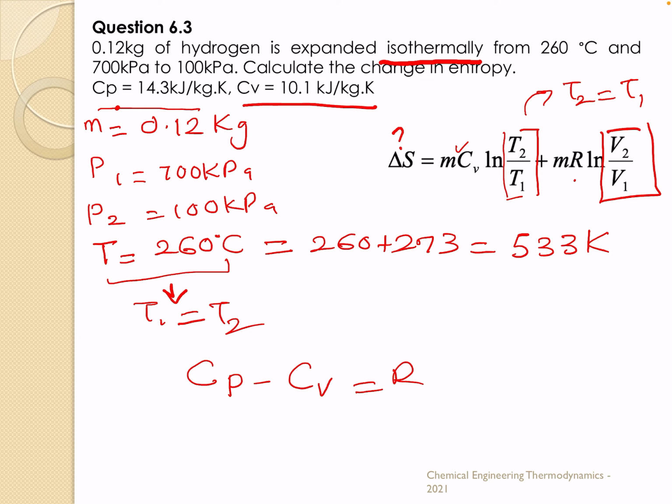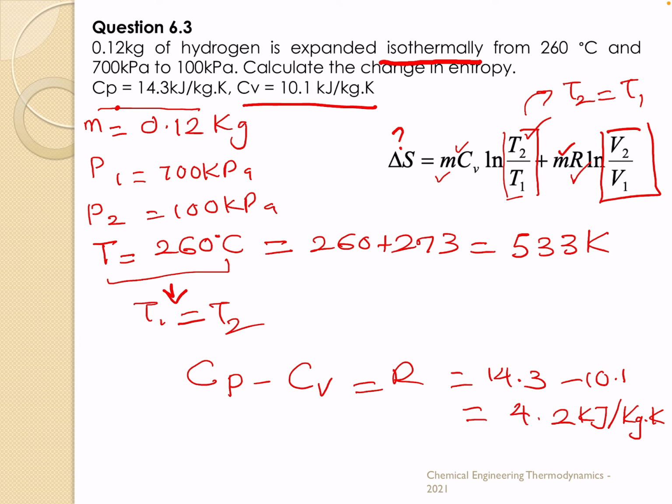So if we do that, we're going to get our R value, which is 14.3 CP minus 10.1, which gives us 4.2 kilojoules per kg Kelvin. So we are sorted with this. We've got this. We've got that. And we are sorted with this as well, T2 over T1.